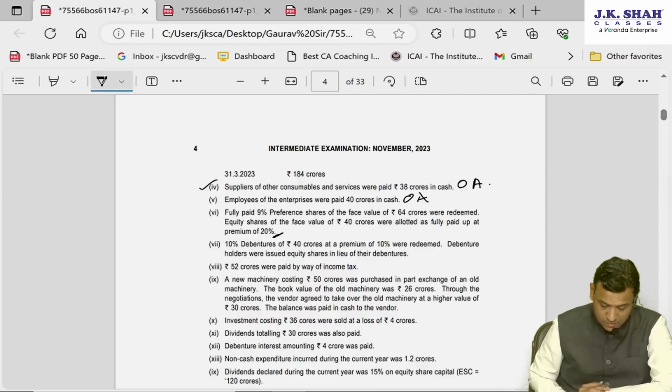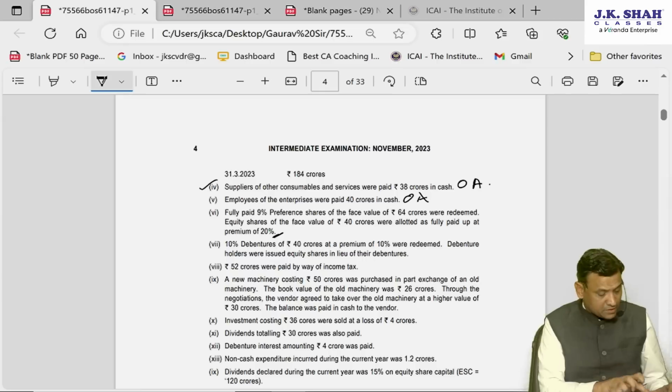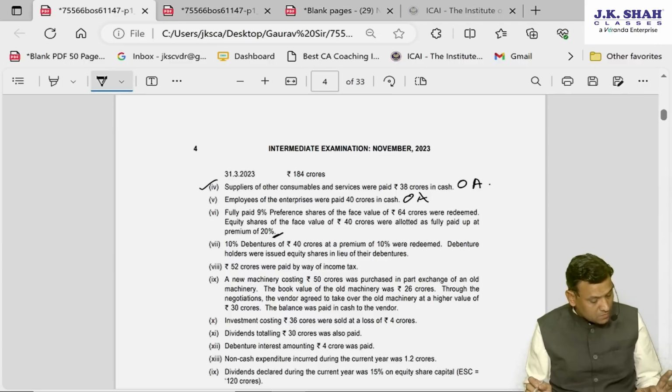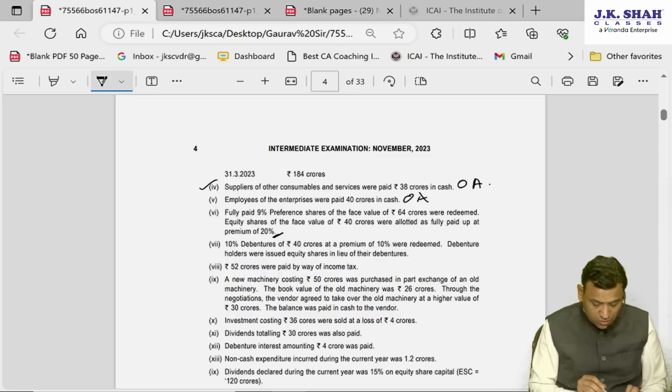Fully paid 9% preference shares of the face value 64 crore were redeemed. Equity shares of face value of 40 crores were allotted as fully paid up at a premium of 20%. So we are issuing 40 crores equity shares at a premium of 20%, so it means 48 crore.